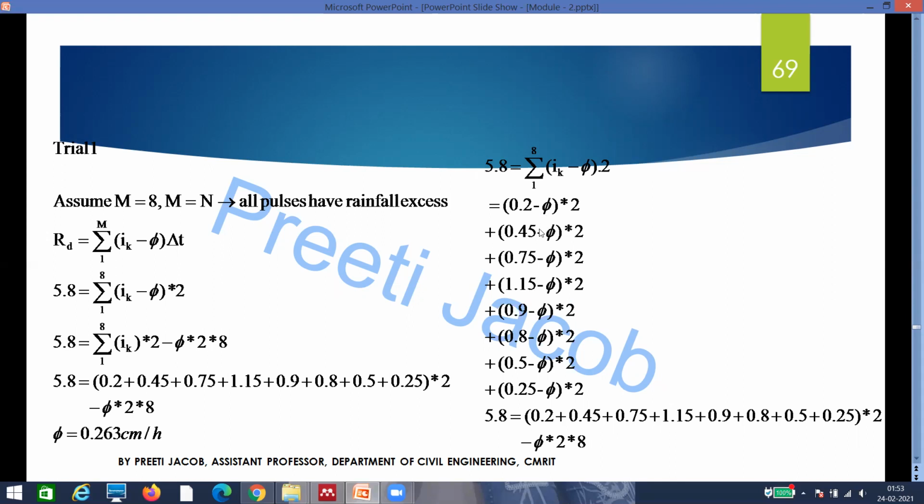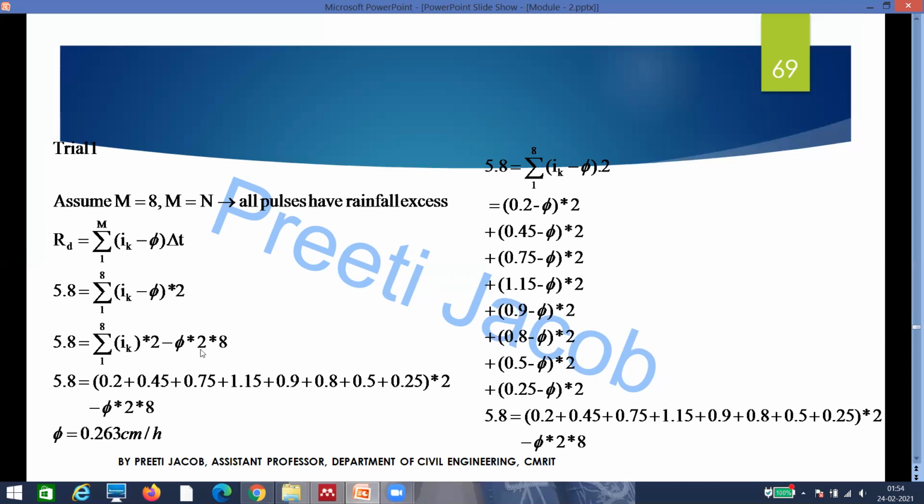These are all the intensities, the last column which we have calculated. Now you can segregate this as 5.8 is equal to the sum of all these intensity values into 2, minus phi into 2 into 8. The phi is getting repeated 8 times, so I've written that directly here.